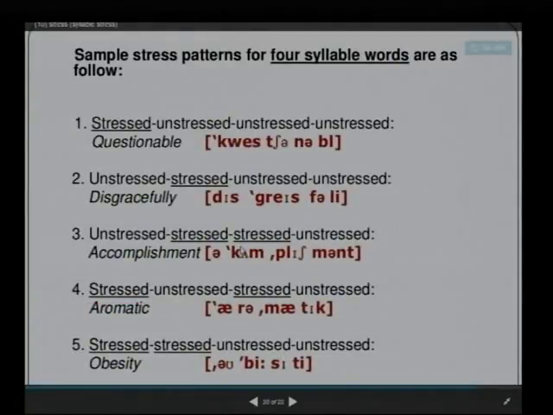Last example for the day for this particular multi-syllabic word, obesity, starts with a schwa, unstressed completely, then with a stressed syllable B, and followed with an unstressed syllable, with an unstressed syllable again.